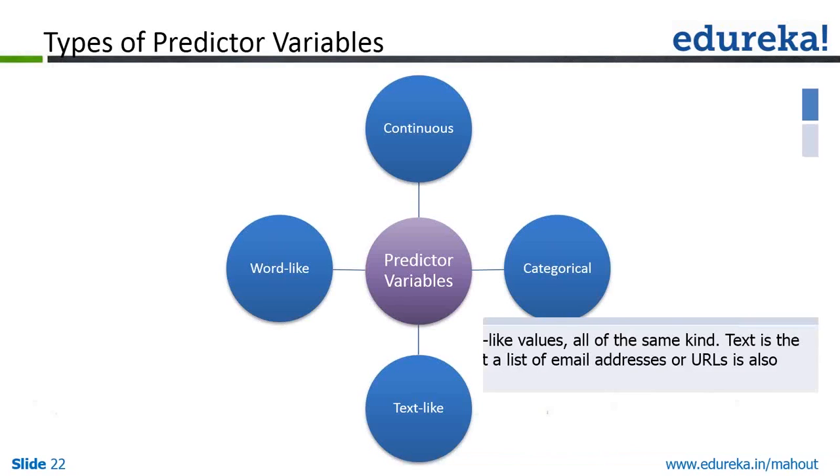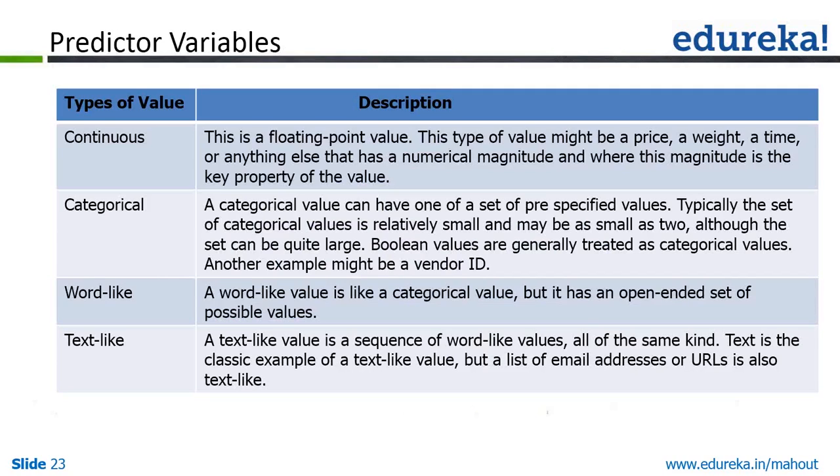So this is how it is defined: continuous is floating point values. The type of value might be price, weight, time, or anything else which is numeric. But as I told you, zip codes are also numeric and will not be part of continuous, so you can associate a unit of measurement with it. Categorical is a set of pre-specified values.